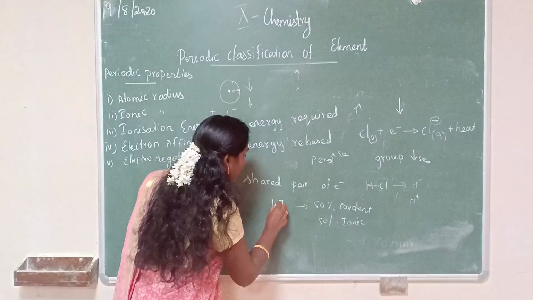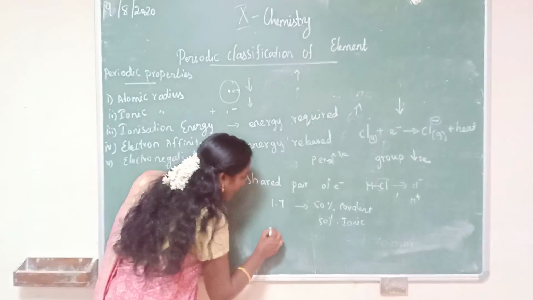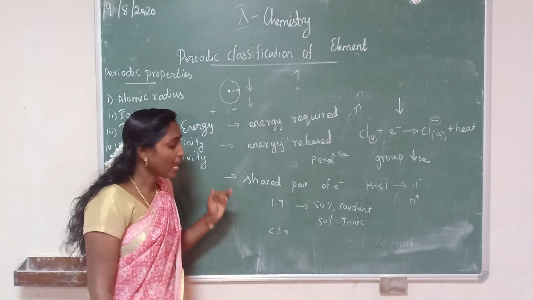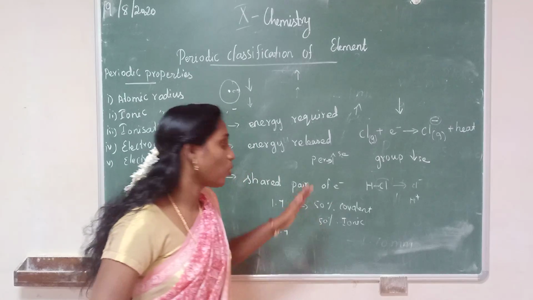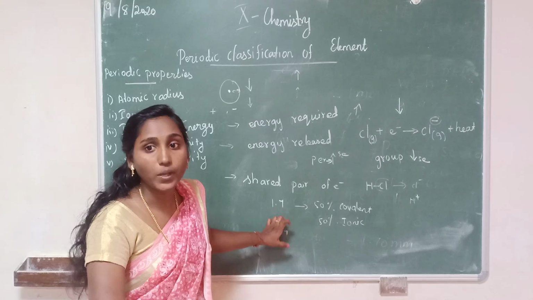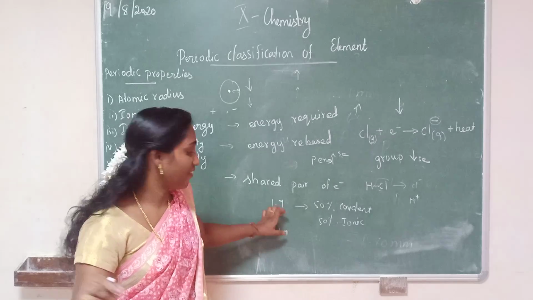If the electronegativity difference is less than 1.7, the bond must be considered covalent in nature. This is a very important 1 mark question, so please underline it, students. It is given on page number 111.